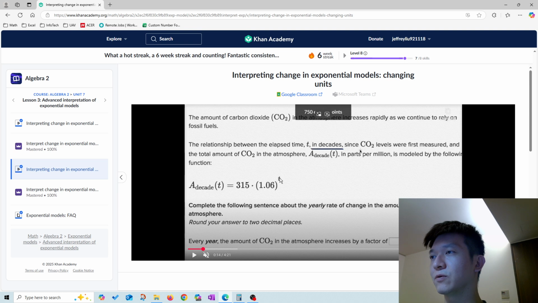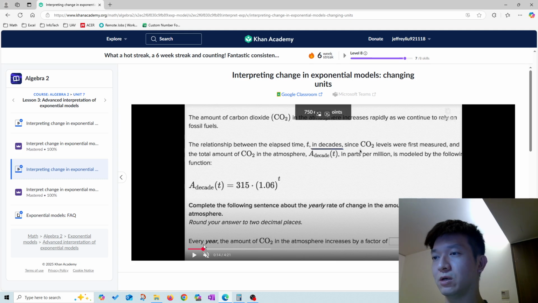We're gonna think of it as 1/10 if you want to increase by only 1 year, because a decade is 10 years. So if you elapse over 10 years, then 1 year will be 1/10. And this is the atmosphere, so that's our result in parts per million. And this is our model right here.